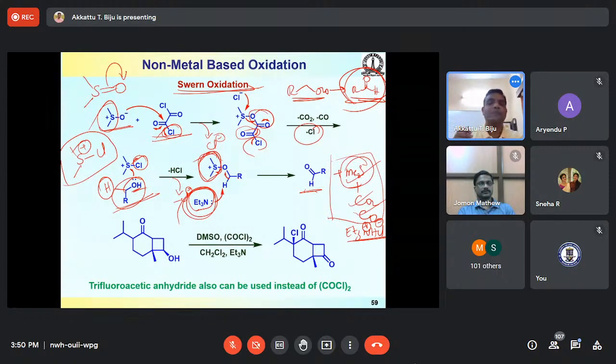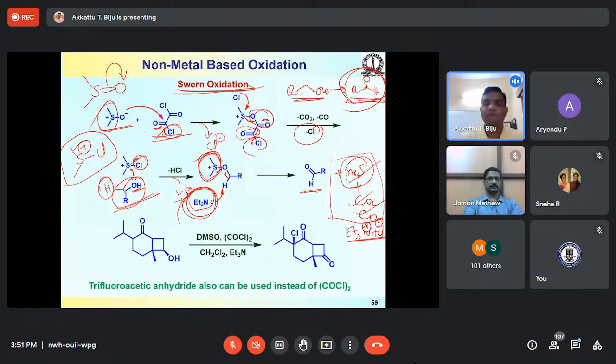So remember, in the case of Swern oxidation, the reaction is dimethyl sulfoxide addition to oxalyl chloride in the presence of triethylamine, and this leads to the formation of the oxidized product. The alcohol is oxidized to the aldehyde under the reaction conditions.